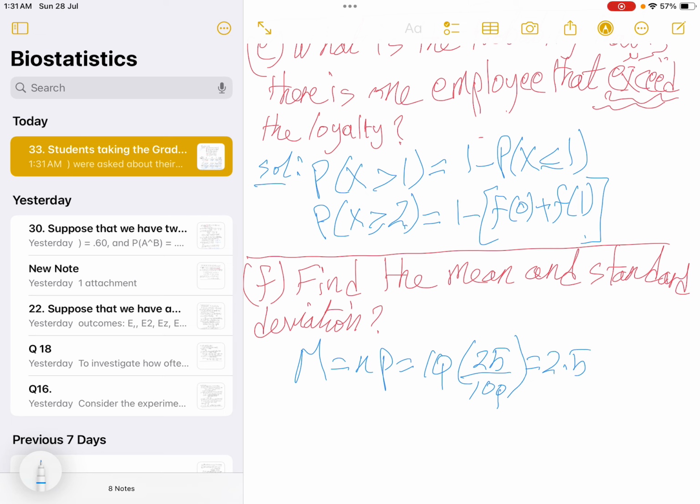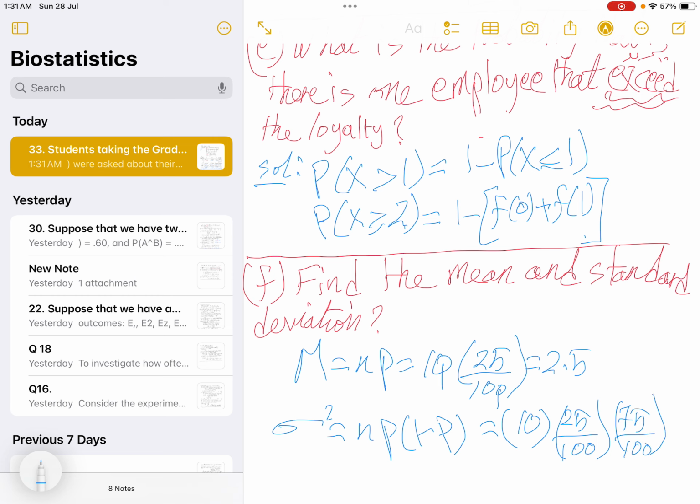And sigma square equals n times p times 1 minus p, which is 10 multiplied by 25 over 100 multiplied by 75 over 100. You will have 25 multiplied by 75 over 1000.